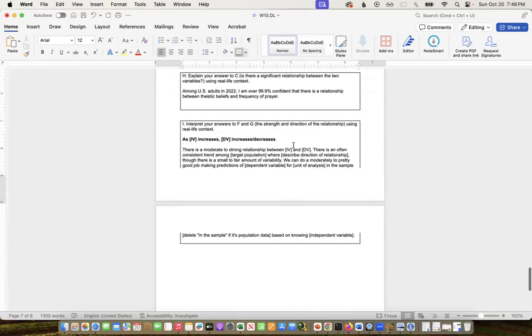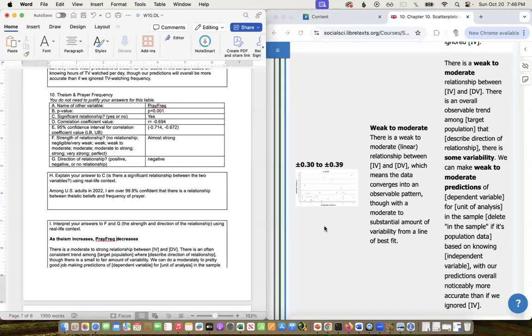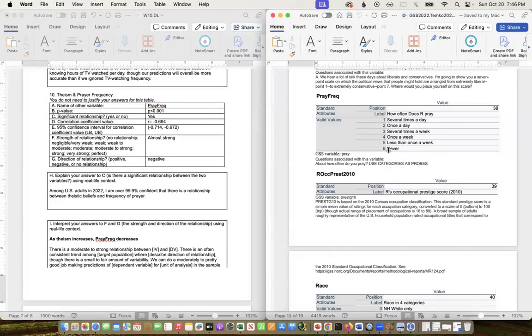Okay, last one. So for this one, we had a negative relationship. So as theism increases, right, pray Greek decreases. But this is a little confusing because of the coding of this. So actually, as this goes down from never to several times a day, that means that the respondent's praying more often.